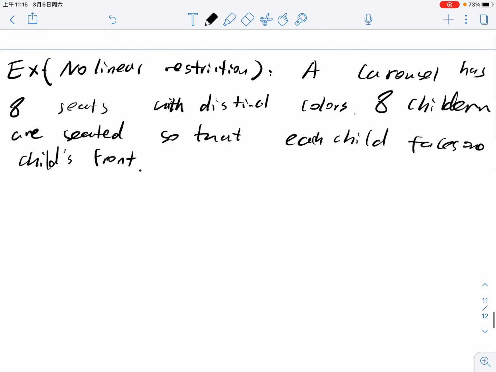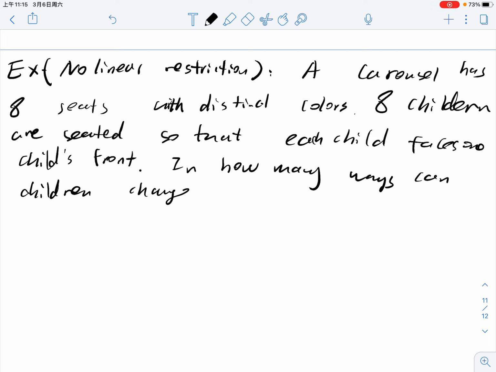And the question is, in how many ways can the children change seats so each faces a different child?